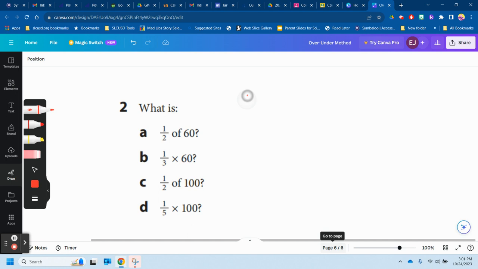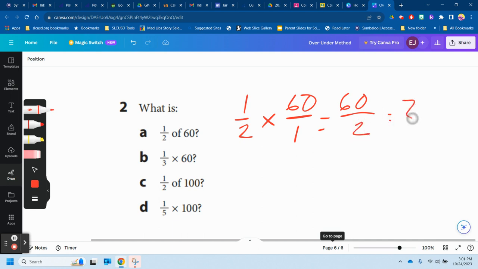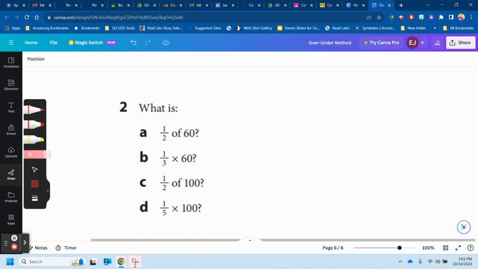Or I could say 1/2 of 60 ones. And all I'm really doing is dividing 60 by 2 because I'm going straight across here. 2 times 1 is 2, and I'm going to get 60 divided by 2 is 30. So just lots of different ways of looking at it. 1/3 of 60.